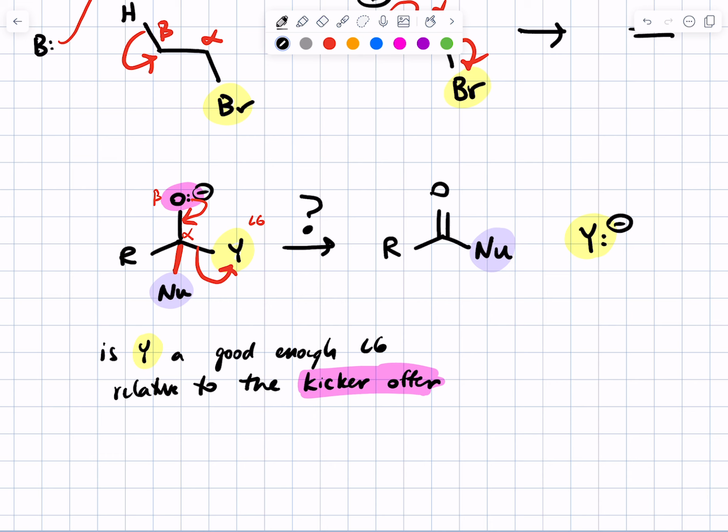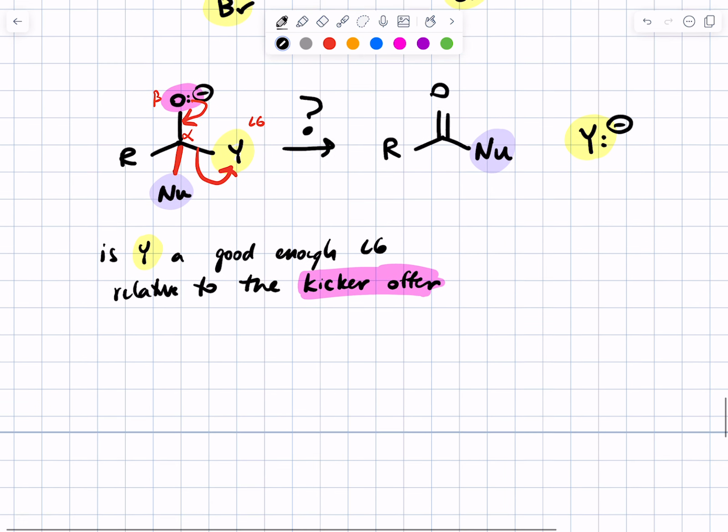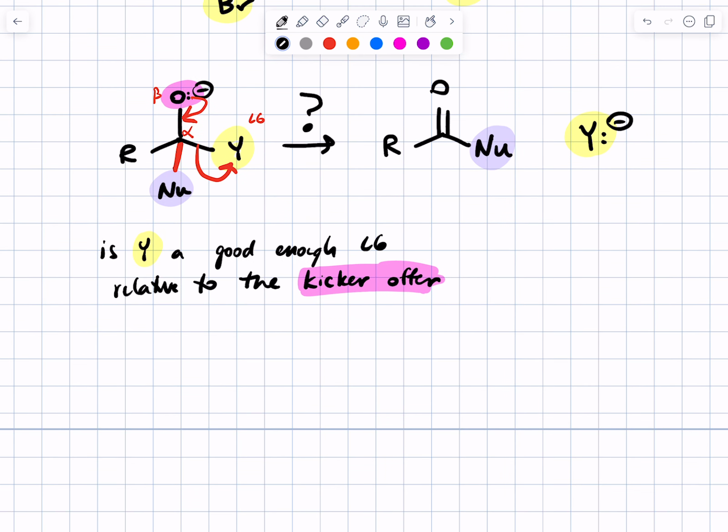And the answer is, it depends whether the leaving group's better or worse than that kicker offer group. Let me illustrate that with an example, okay? Let's just imagine, for the time being, that we're not going to say anything yet about what the nucleophile is, but let's suppose the leaving group was Cl-.